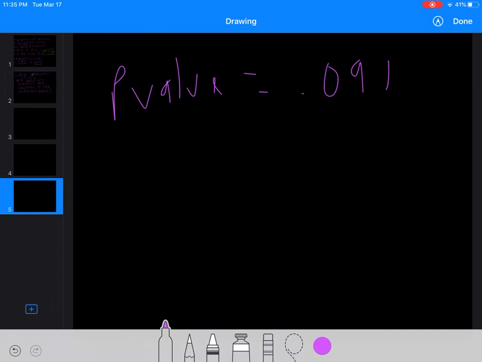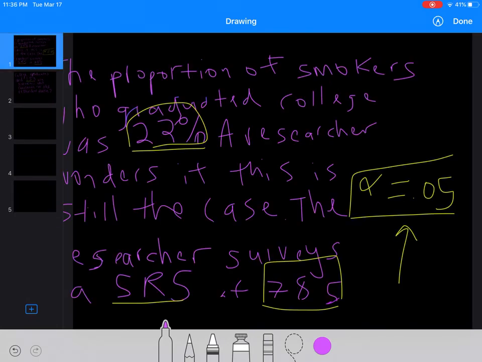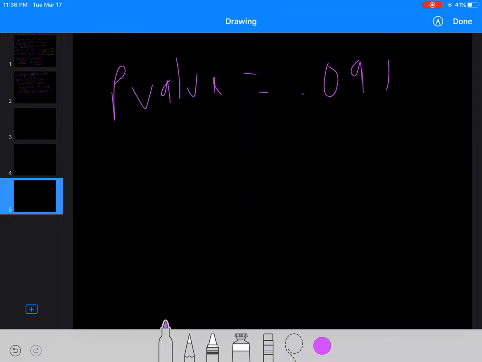So we saw earlier that the researcher chose an alpha of 0.05.